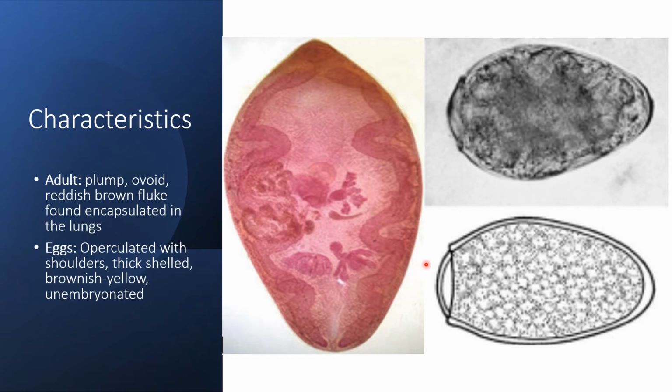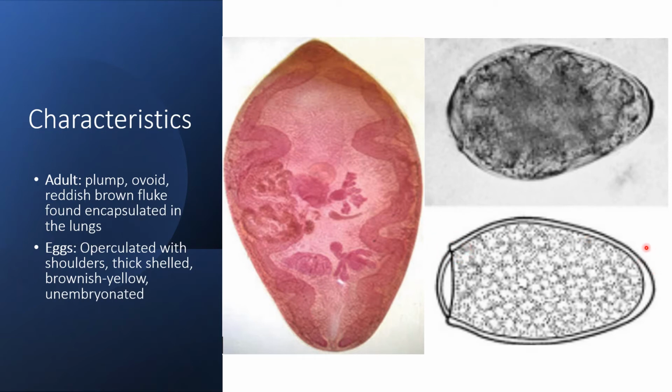The eggs of P. westermani are often confused with Diphyllobothrium latum eggs since they are operculated, unembryonated, and somewhat similar in size. However, unlike Diphyllobothrium eggs, P. westermani eggs have opercular shoulders. This differs P. westermani from D. latum.